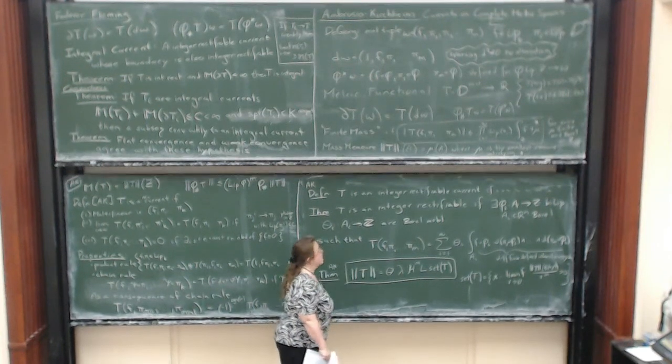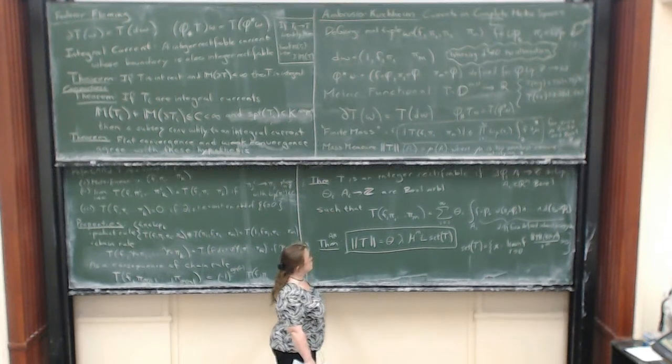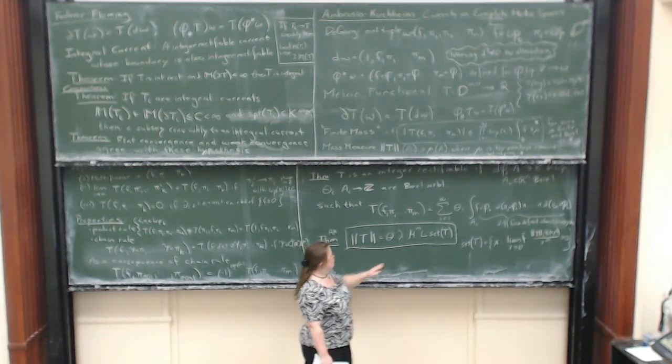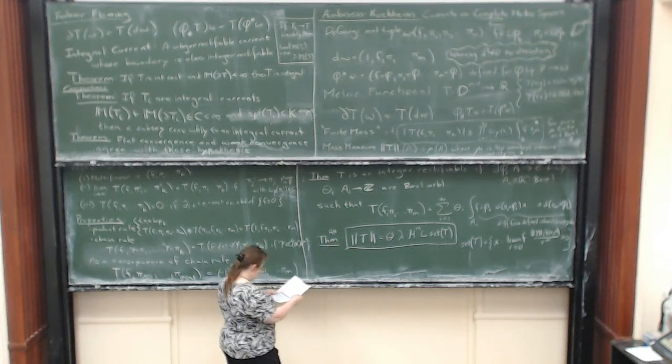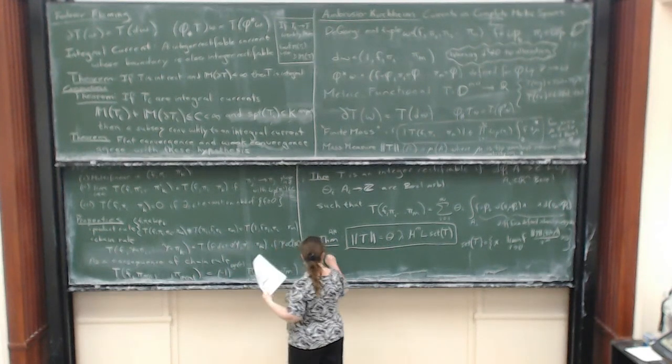This lambda is the crucial difference. In Federer-Fleming, there would be no lambda. So what is this lambda? This lambda is called an area factor.